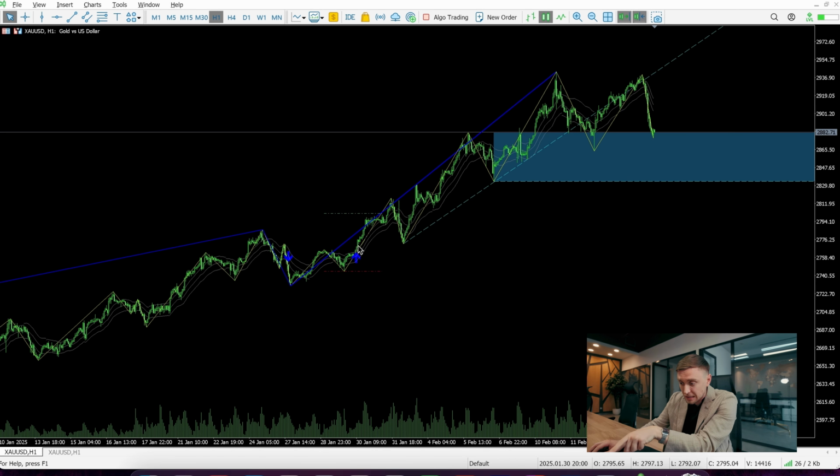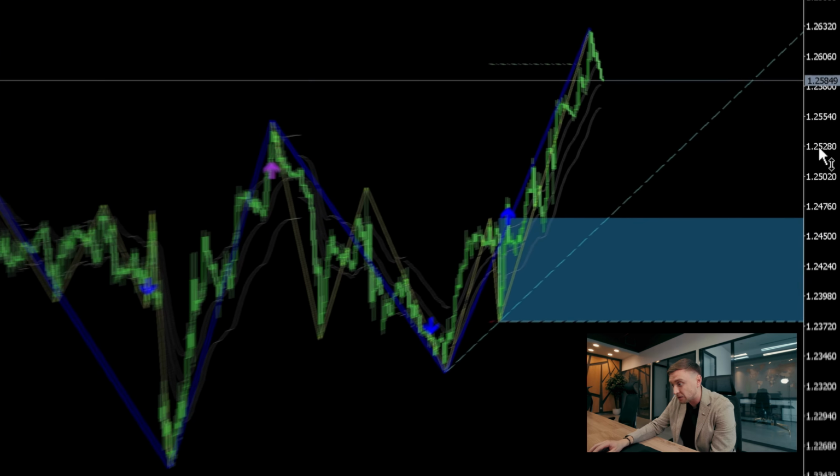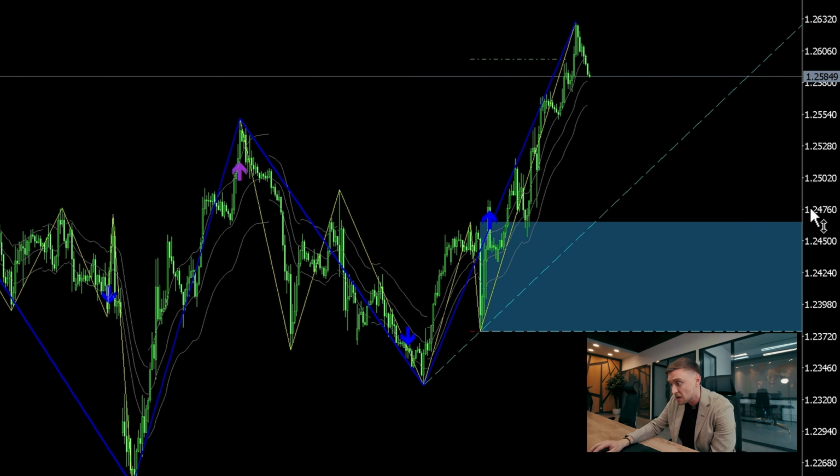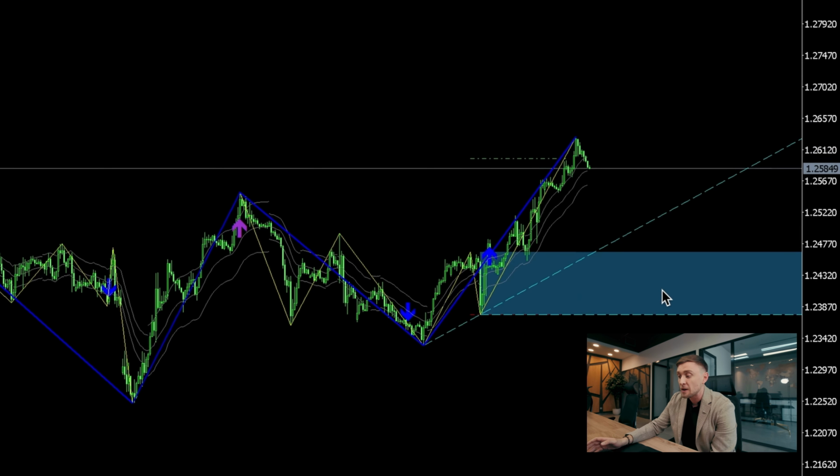So for example, let me show you more instruments. We will open the market watch and let me show you the pound. You see, for the pound we also have it, and even though there was a touch already, we have our closest supporting zone that we can use in our trading. Also, for example, let me show you Bitcoin. It will draw it right now.